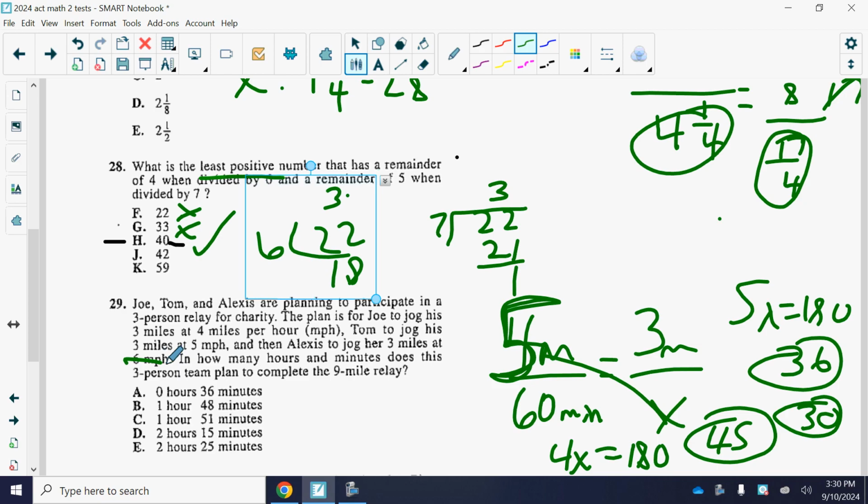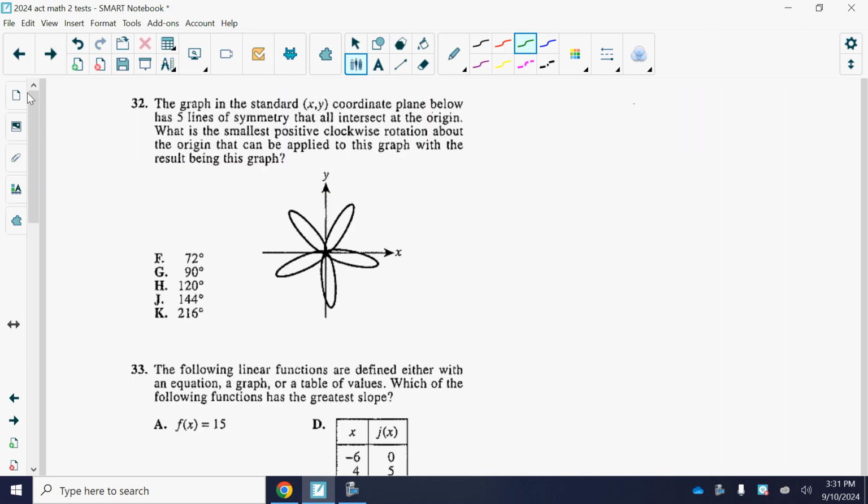I get 111 minutes. Now, to change that to this, I would subtract 60 until I can't subtract 60 no more, and that gives me 1 hour and 51 minutes, answer C.